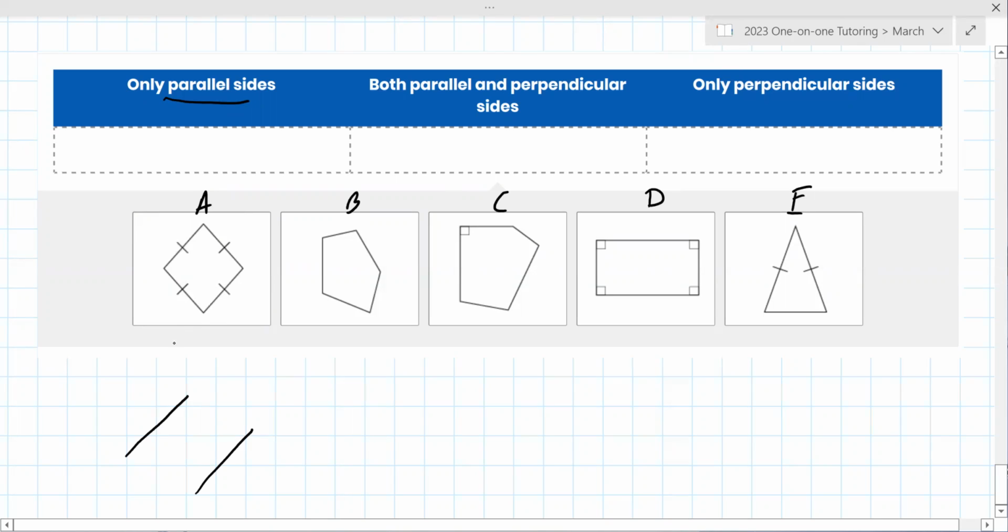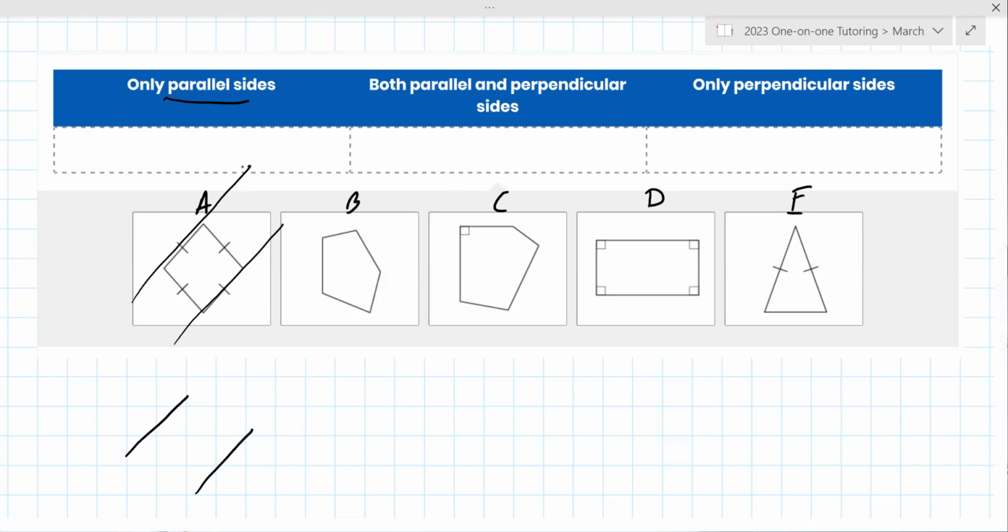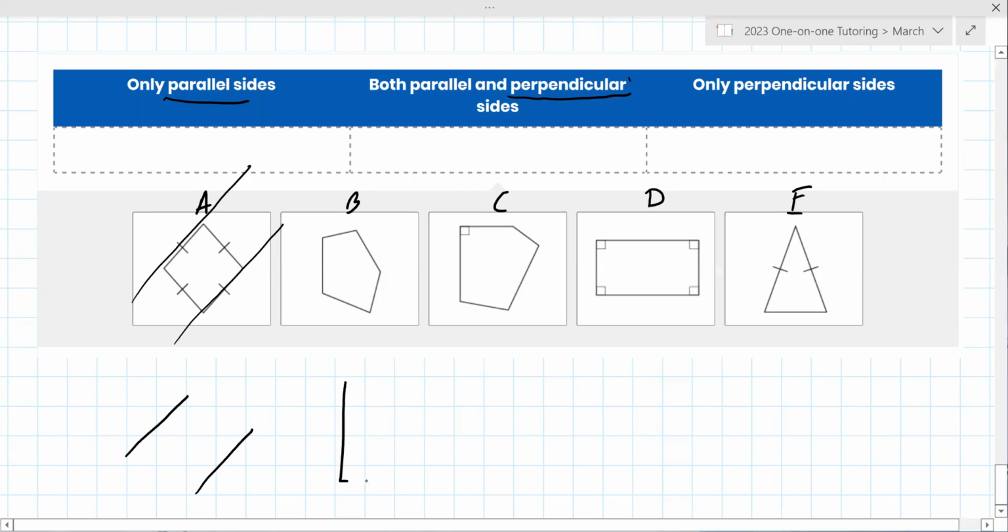No. So these don't go on forever. Oh yeah, like you have to separate yourself from the rest of the figure. Yeah. So those are parallel. Now let's talk about perpendicular. Do you remember that from last time? Remember the L that I made?